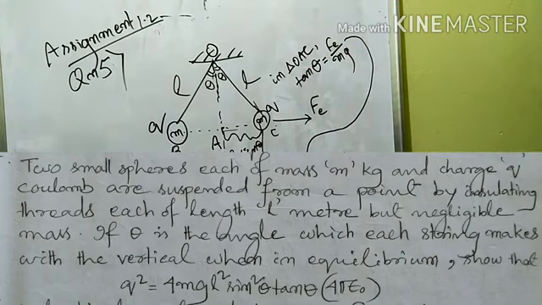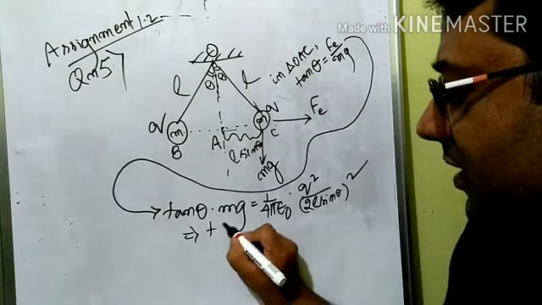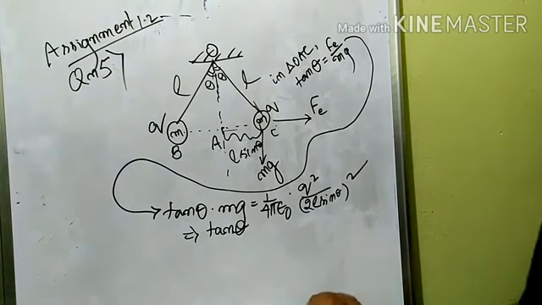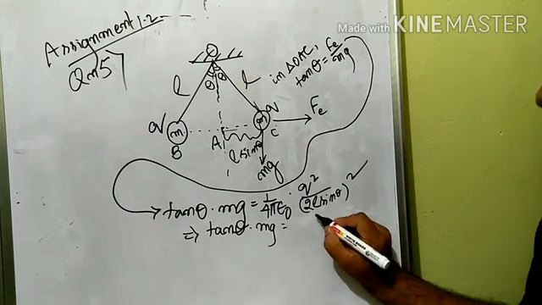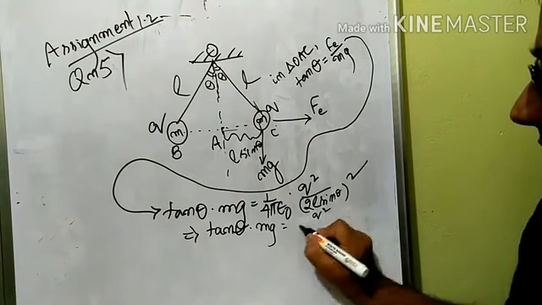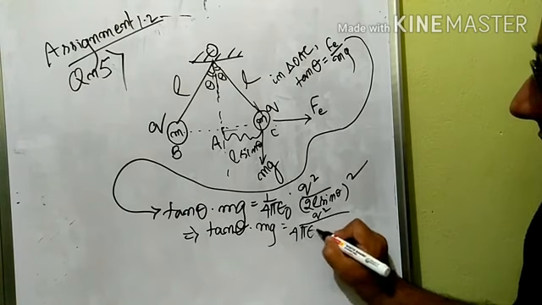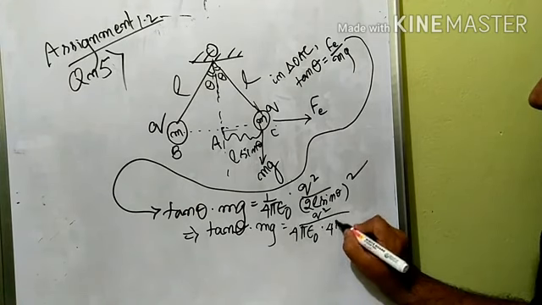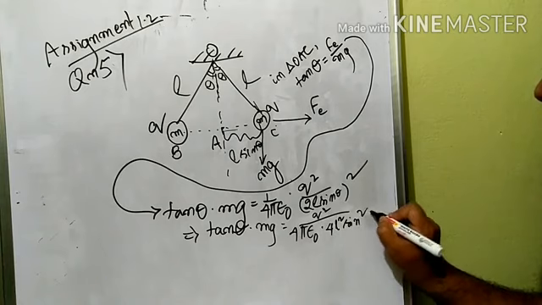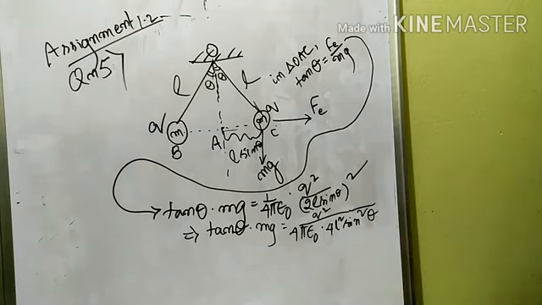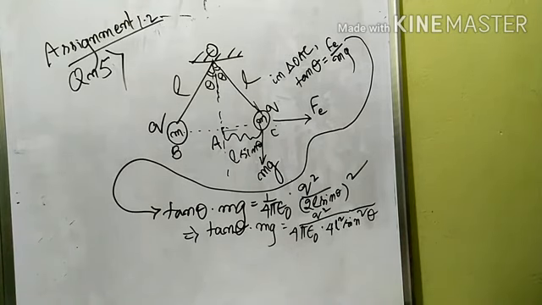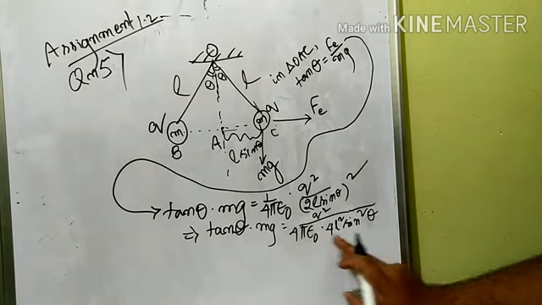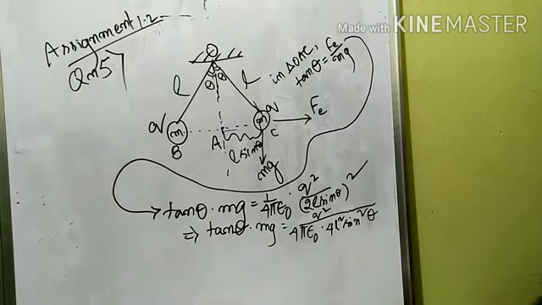So tan theta into mg is equal to q square by 4 pi epsilon naught into 4L square sin square theta. Fine. Now what it asks to prove: q square is equal to 4mg L square sin square theta tan theta into 4 pi epsilon naught. So q square is equal to, take it this side, you got exactly what was asked to be proved.